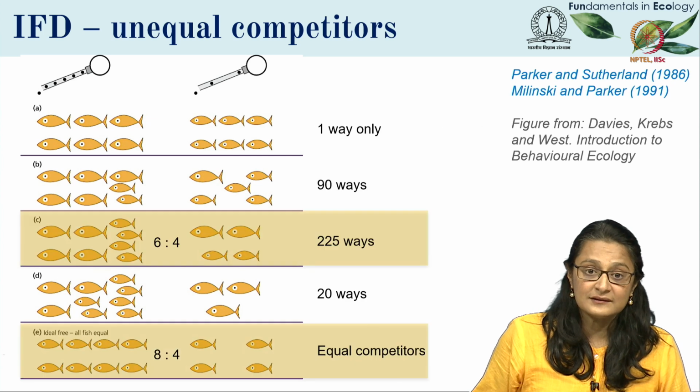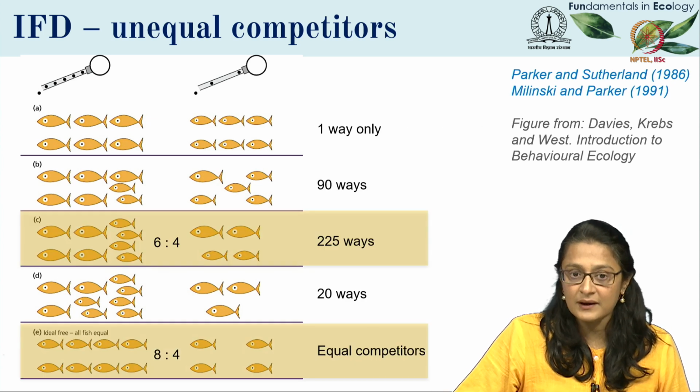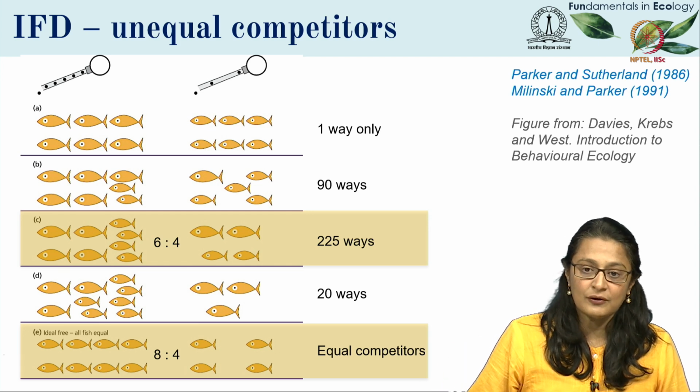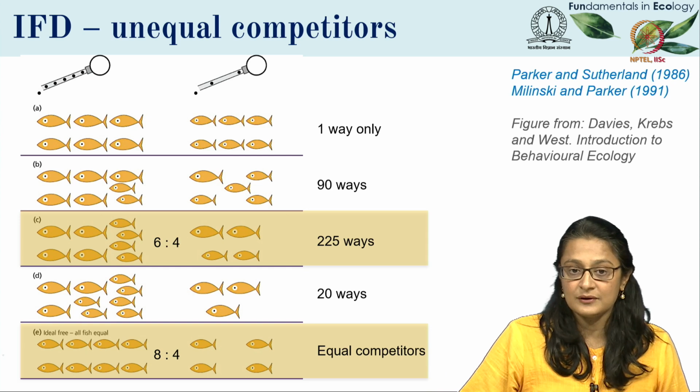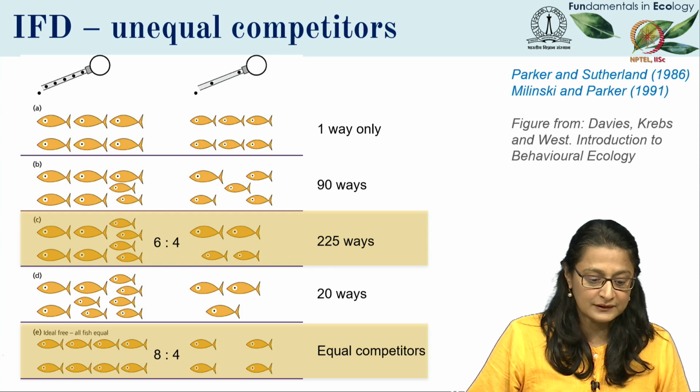What you'll notice is that actually there are many ways in which you could get the same ratio of fish on one side and the other, even if it was unequal competitors. So our equal competitors scenario has 8 fish on one side, 4 fish on the other.